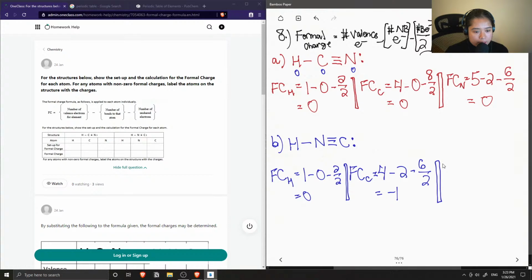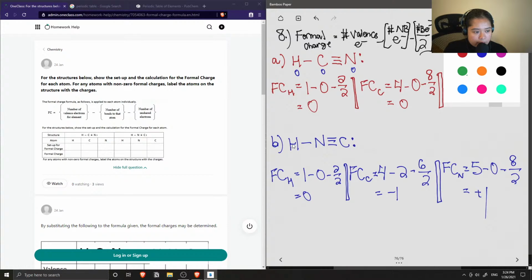Now let's do the same thing for our nitrogen. Nitrogen has 5 valence electrons, and there are no lone pairs on the nitrogen, so we just write 0. And there are 4 bonds to nitrogen, so we have 8 bonding electrons divided by 2. So 5 minus 0 minus 4 is +1.